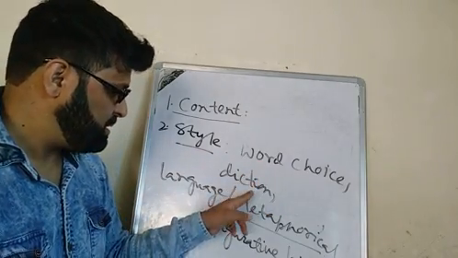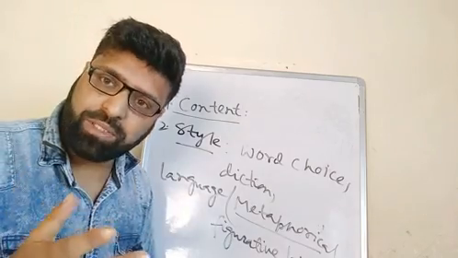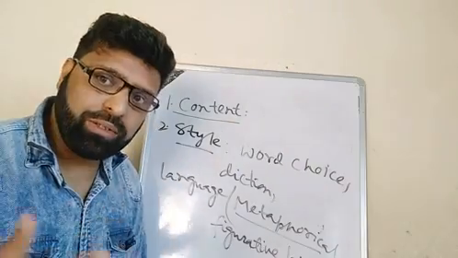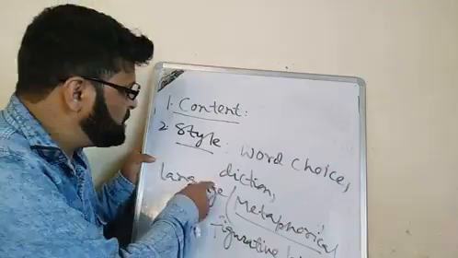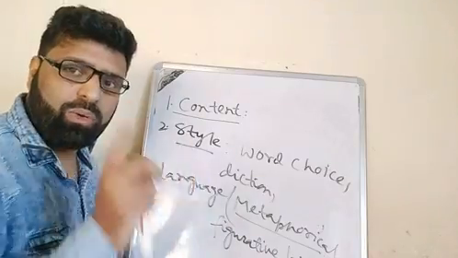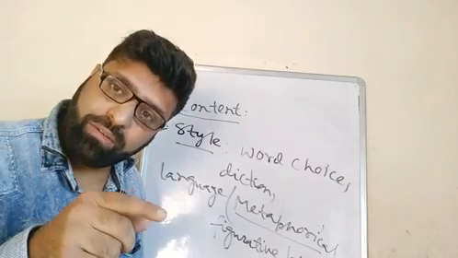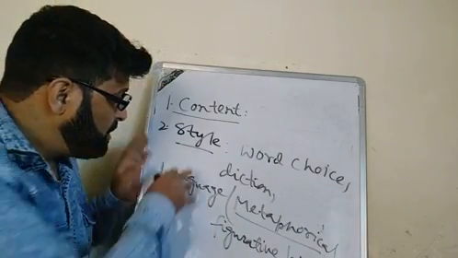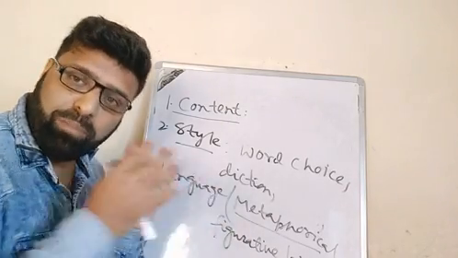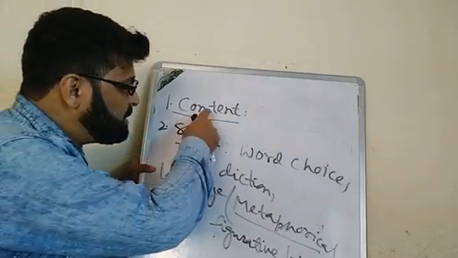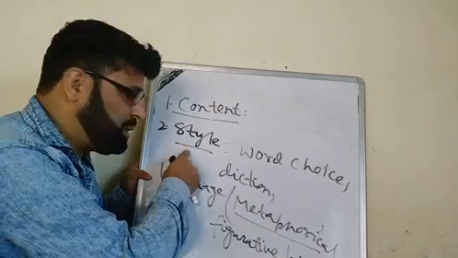Word choice, diction, what type of language is used by him, what type of metaphors are employed in a literary piece by a writer. It all constitutes the style. We have talked about content. Content is the information that is given by the writer, and the language employed by the writer to present that information, to present the content, is called style.